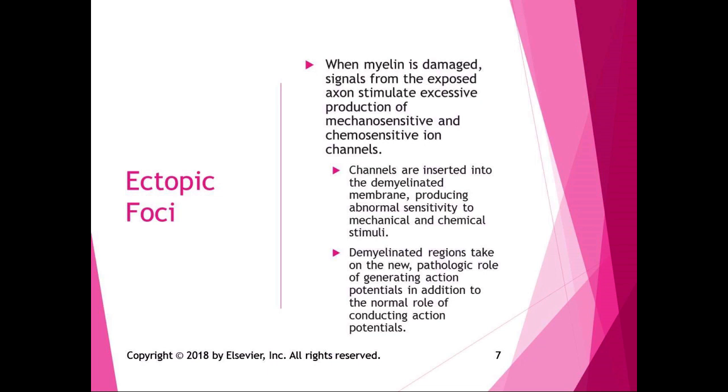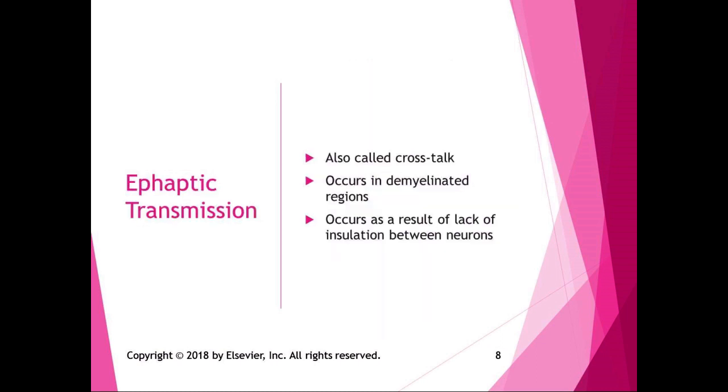The demyelinated regions take on the new pathological role of generating action potentials in addition to their normal role of conducting axon potentials. So basically, this is abnormal. We don't want this to happen. So just know that when we're talking about neuropathic pain, it's not a normal response. It's an abnormal, damaged response.